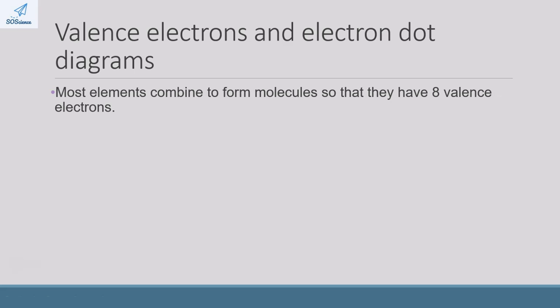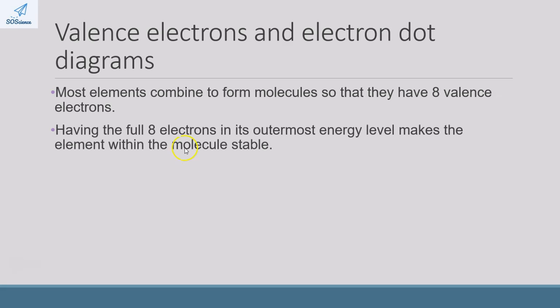Most elements combine to form molecules so that they have 8 valence electrons. That is very important when we draw Lewis dot diagrams. We need to make sure that our molecules have 8 valence electrons around them. And that is because 8 valence electrons means a full outer energy level. Having the full 8 electrons in the outermost energy level makes the element stable.